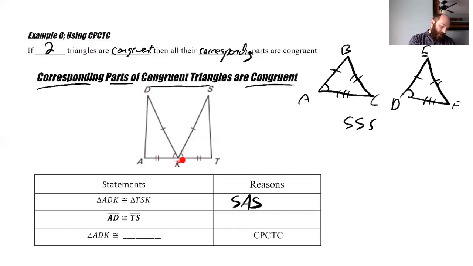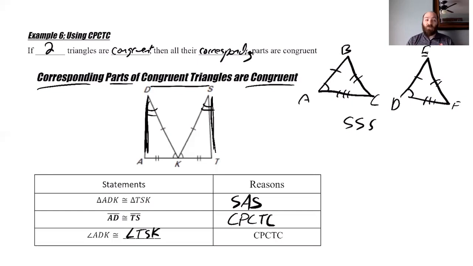Now that I've shown the two triangles are congruent, I can now show any of their pieces are congruent. So AD right here and TS, those are congruent because of CPCTC. Angle ADK, which is this angle here, well, I look for the corresponding angle for that, which is going to be this one. So that's going to match up to angle TSK.